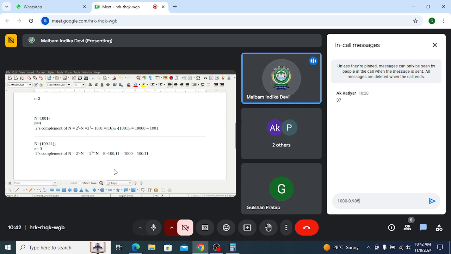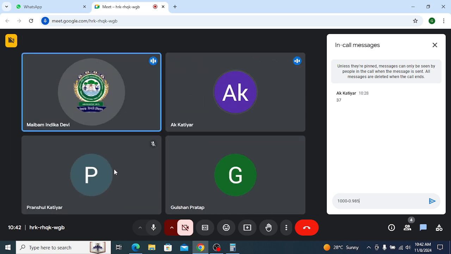Now this is about R's complement. I have just told you there are two forms of complements. One is called the R's complement and another is called the R minus 1's complement.